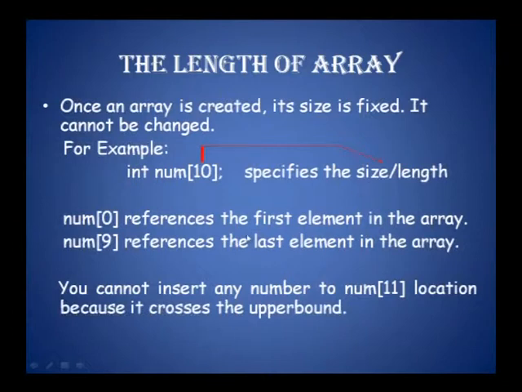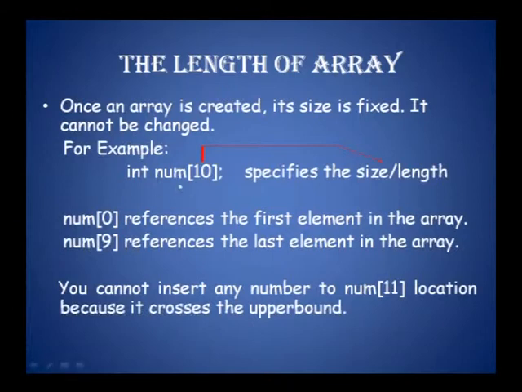How do you access an element in an array? It is always by making use of the subscript or index, which consists of an integer constant, or it could also be a variable expression, say i plus 1, i plus 2, etc., which could be evaluated into an integer value.